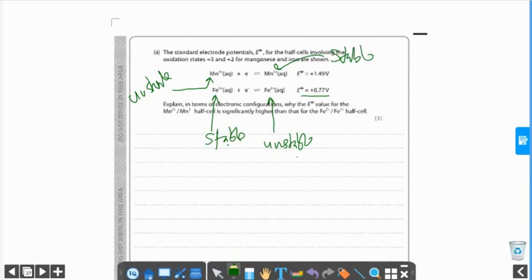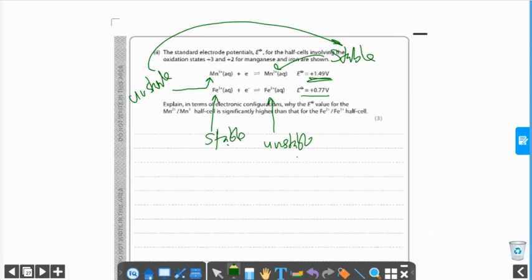See, conversion of unstable to stable is more feasible, more positive. Conversion of stable to unstable is less positive. That means it's not easy. Right? So if the electrode potential is greater, more positive, it means more feasible for reduction. So manganese 3+ reducing to manganese 2+ is more feasible, more positive, because it's unstable to stable conversion.